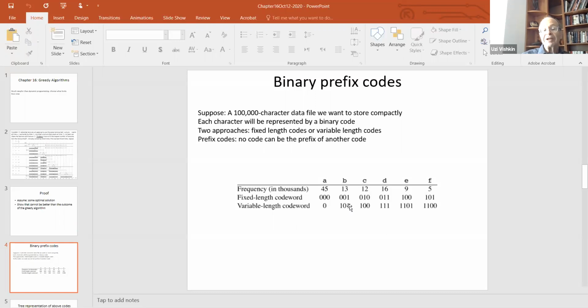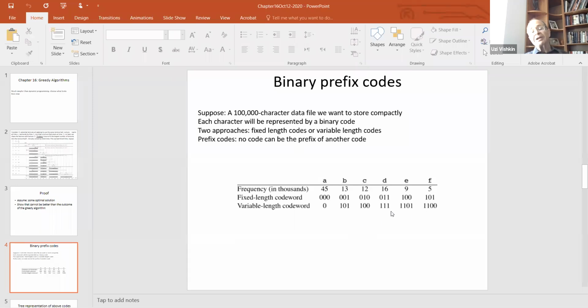And if the third is 1, I know it's a B. If the third is a 0, I know it's a C. But if the first character is a 1, and the second is a 1, I need to look further. If the third is a 1, it's a D. But if the third is a 0, I need to look further. If the fourth is 1, it's an E, and if the fourth is 0, it's an F.